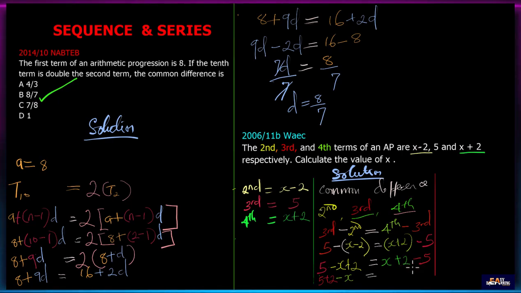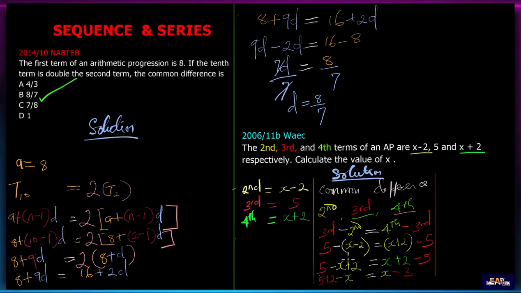The x here remains, whereas this becomes minus 2 minus 5, which will give us minus 7.